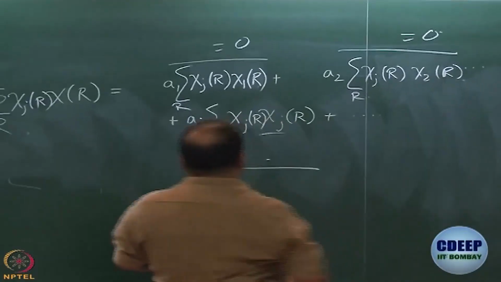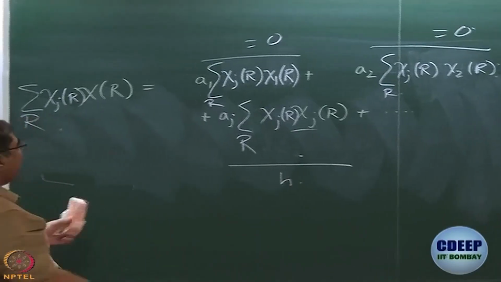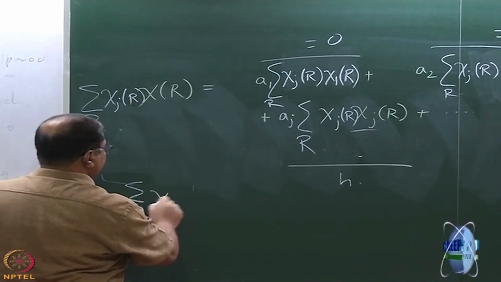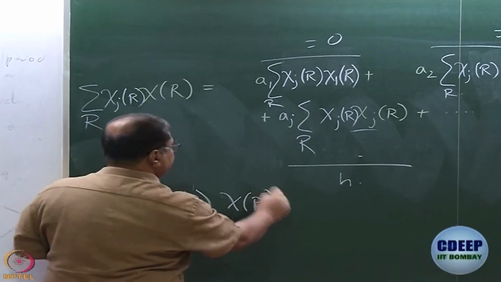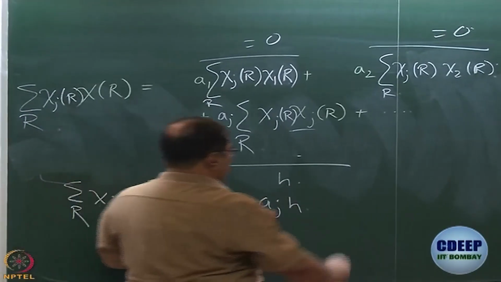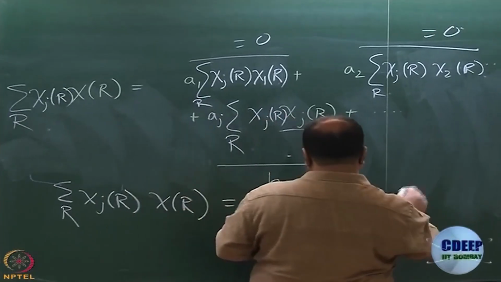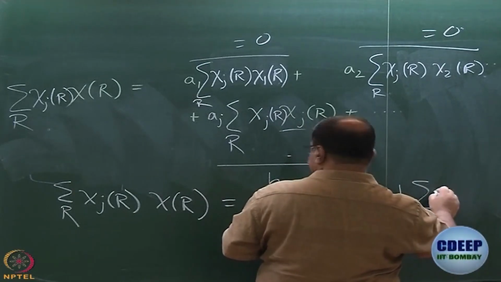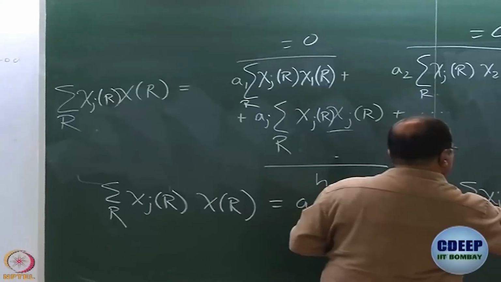What about this? h, and everything else is 0, isn't it? So, what I have then is sum over R, chi j R, chi R is equal to Aj into h, or if I want to write in terms of Aj, Aj is equal to 1 by h sum over R chi j R chi R.